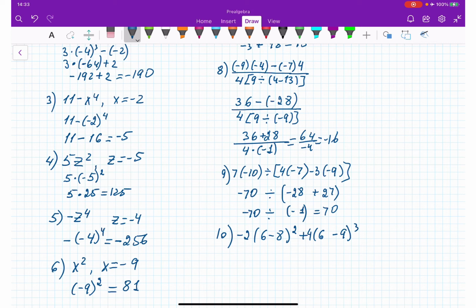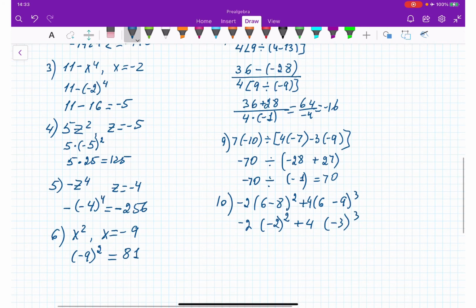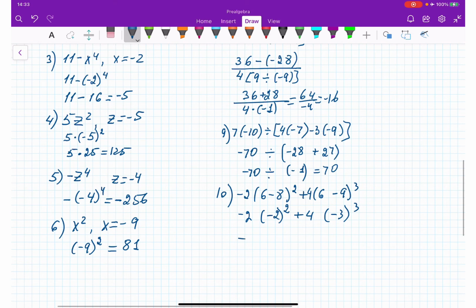Okay, so negative 2 times 6 minus 8 is negative 2 to power 2, plus 4 times 6 minus 9 is negative 3 to power 3. Next we are raising power.